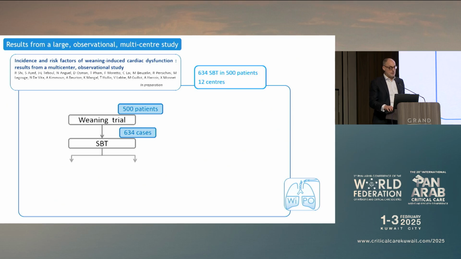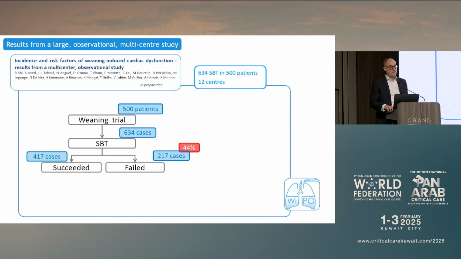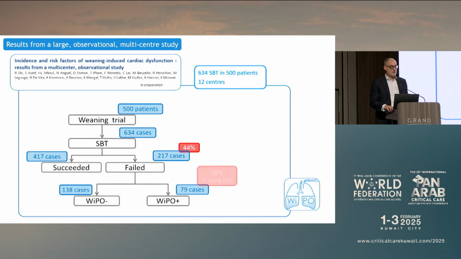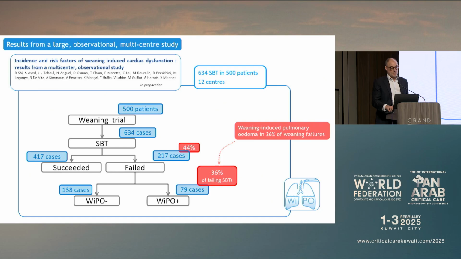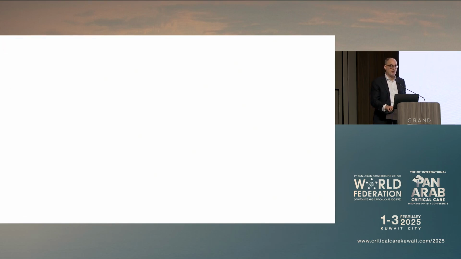And to summarize the results quite rapidly, you see that 44% of them failed the weaning trial, and we were able to diagnose weaning-induced pulmonary edema, WIPO, in not less than 36% of the patients. In 36% of these patients, weaning failure could be attributed to this pulmonary edema induced by weaning from mechanical ventilation.